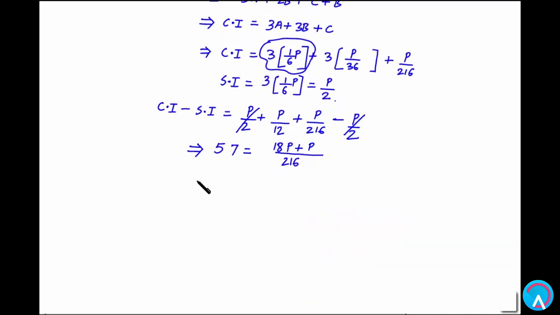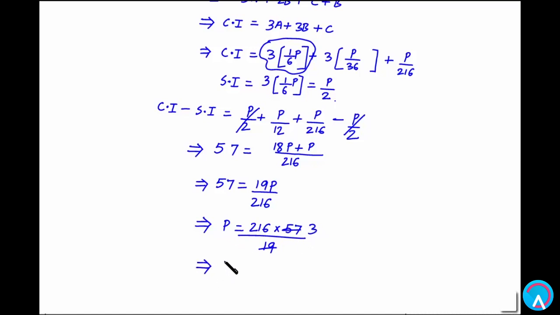This implies 57 is equal to 19p by 216. So this implies p is equal to 216 multiplied by 57 by 19. So when calculated, this will come as principal is equal to rupees 648.